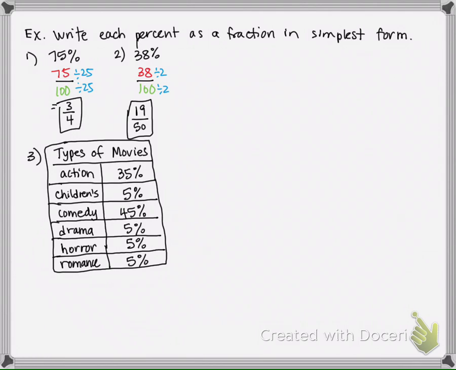So it asks, what fraction of the rentals were action movies? So let's see, we had 35%, and that's going to become 35 over 100.